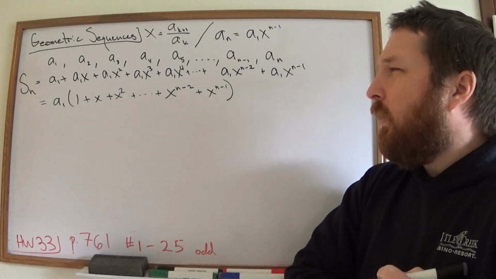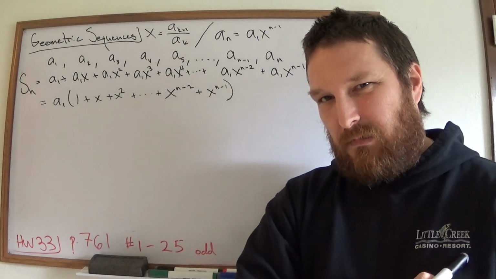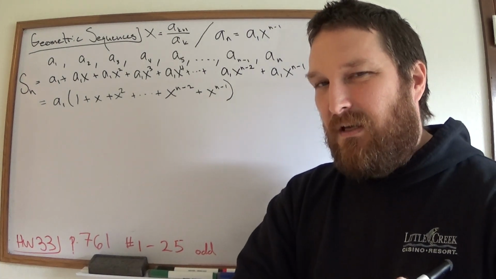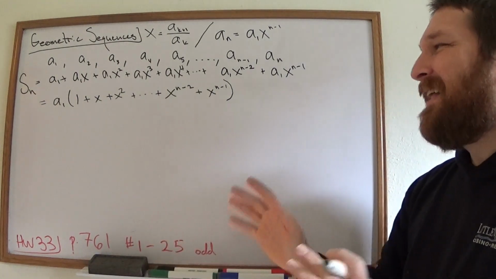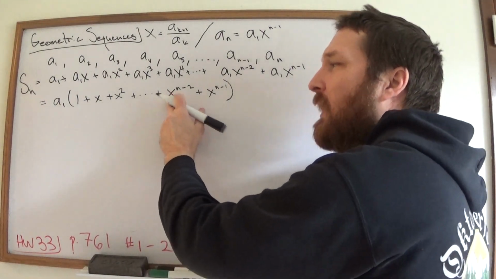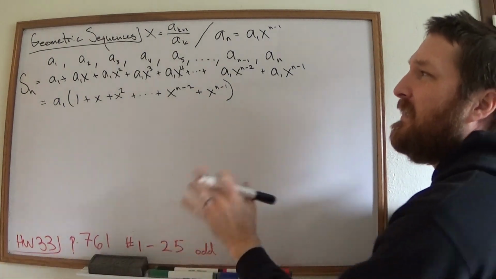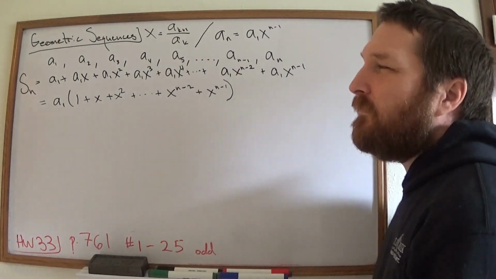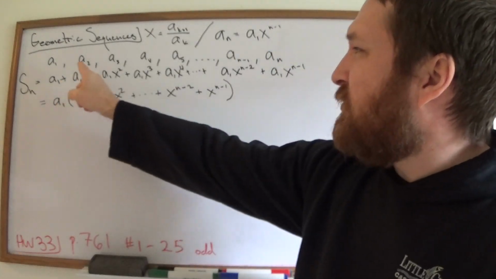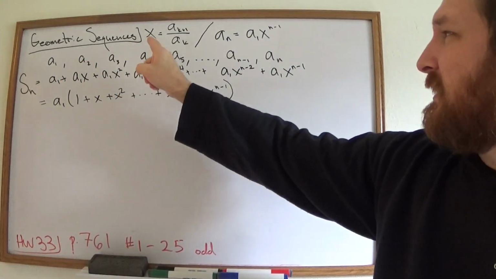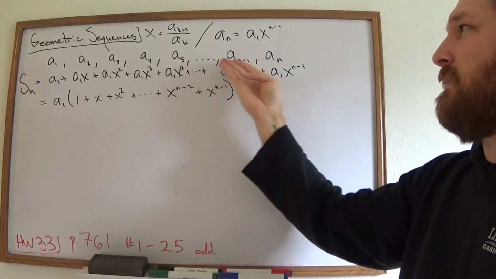Well, one thing that would be really easy is if x happened to be 1. So let's just take care of this one case here. If x is indeed equal to 1, the first thing to notice is that the sequence would be constant, wouldn't it? Because if each time you're just multiplying by 1 to get to the next one, then this would just be a constant sequence.